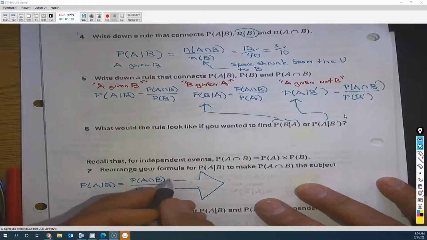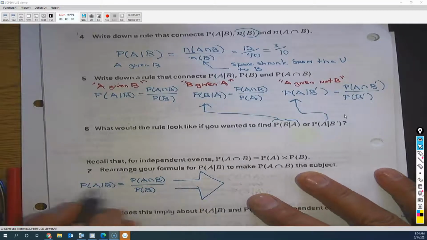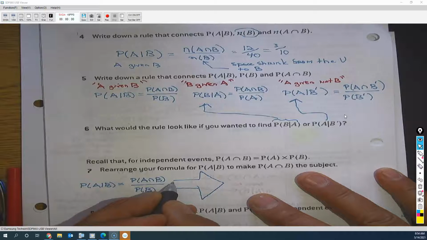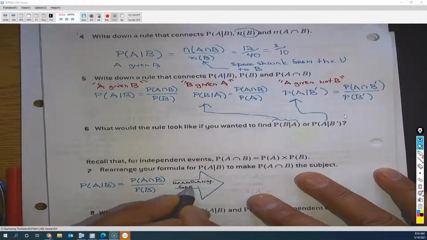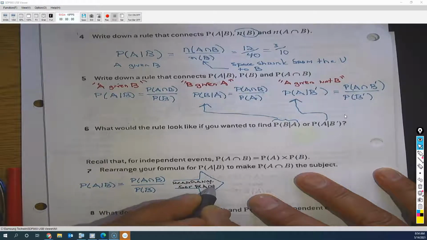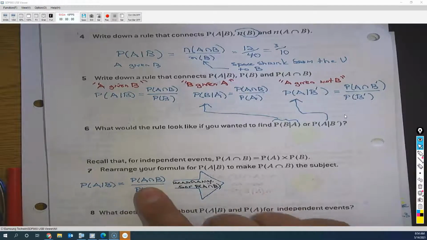You solve it for the intersection, A intersect B, which means get it by itself.